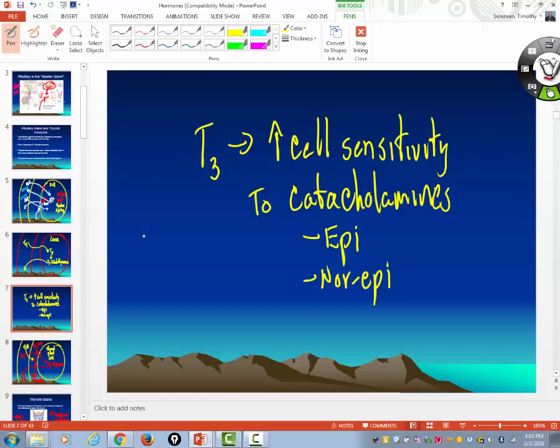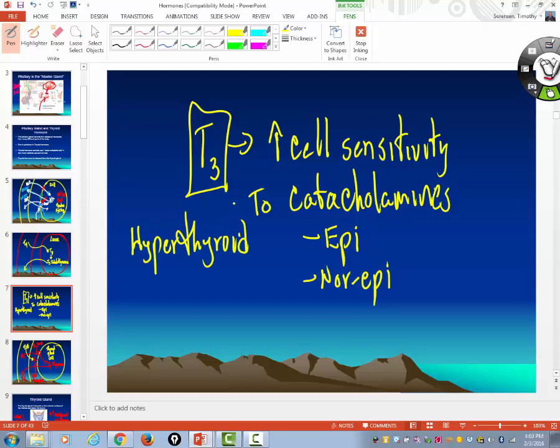So when is epinephrine released? When you're scared. So what's going to happen to a person who is hyperthyroid? You got a lot of T3 floating around. It's going to make all your cells more sensitive to epi and norepi. So in the heart, it's going to increase their heart rate and increase the force of contraction of their heart.